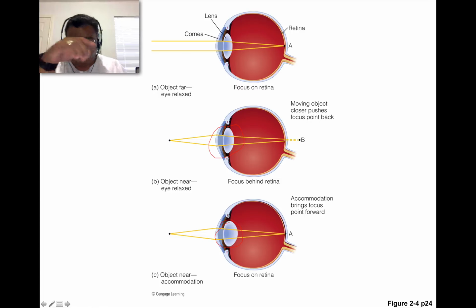The muscles that flex the lens are going to relax and allow that lens to poof up a little bit, which refocuses the light into a better place where you can see it. So instead of being focused back here somewhere, the light is now focused right here where it's supposed to be. And that's all because the lens changed its shape. It went from like this to like that, so that you could see.